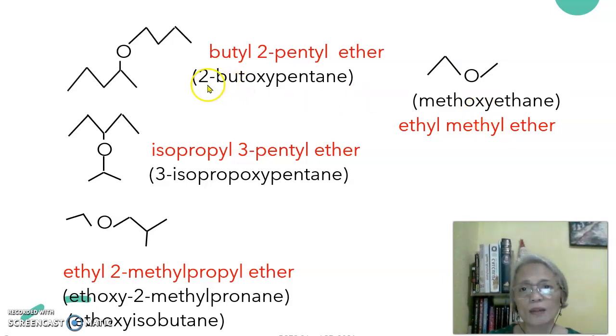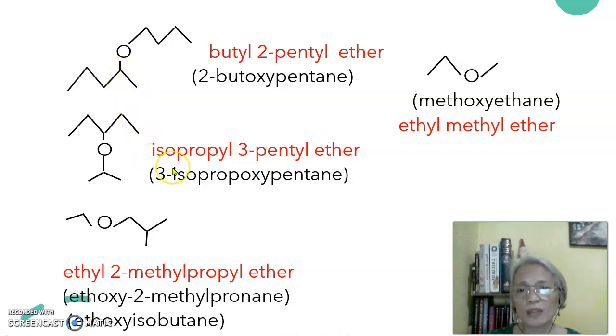So here we have 1, 2, 3, 4. So we mentioned this earlier. No? So this becomes now 2-butoxypentane because the butyl group has a shorter chain as compared to the pentyl group. So this is 2-butoxypentane. So branching is at carbon number 2 of the pentyl group.